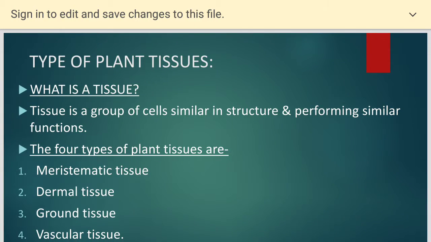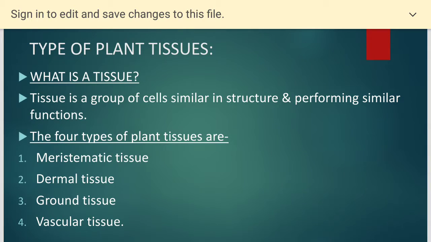Now, what is a tissue? Tissue is a group of cells similar in structure and performing similar function. As I told you before, cells together form the tissues. A group of cells is called a tissue, and the similar type of cells forming a tissue perform the same function also.